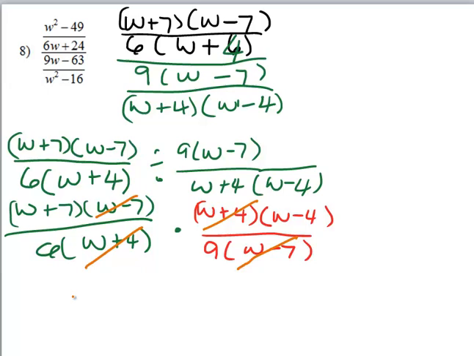So that means what I have left is w plus 7 times w minus 4 all over 6 times 9. So I can do that in my head actually. 6 times 9 would be 54.